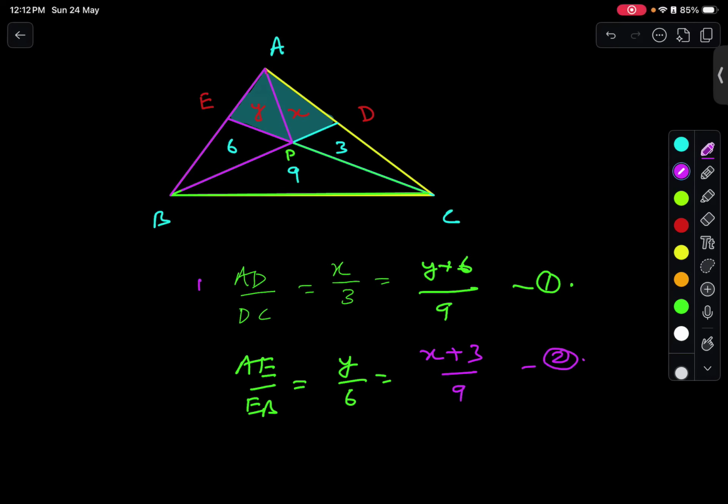This is the second. So these two relations are there, and we know how to go for that. So you can solve for x and y. I hope everyone is getting this.